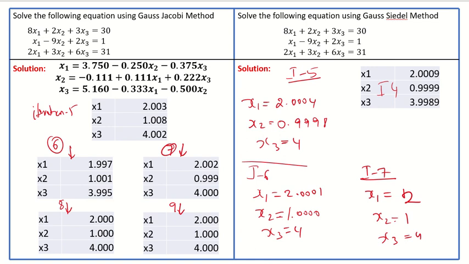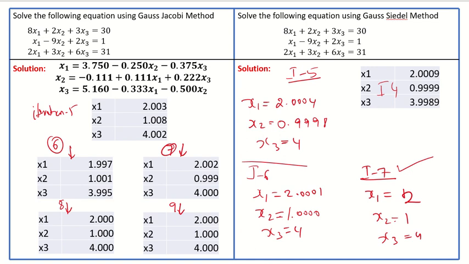If you see the Gauss Jacobi and Gauss Seidel methods, the exact answer you got in iteration 7, whereas in Gauss Jacobi it was iteration 8 for four decimal places. And if you had taken two decimal places, your answer would have been reached somewhere here only. So here it will be 2, here it will be 1, and here it will be 4.